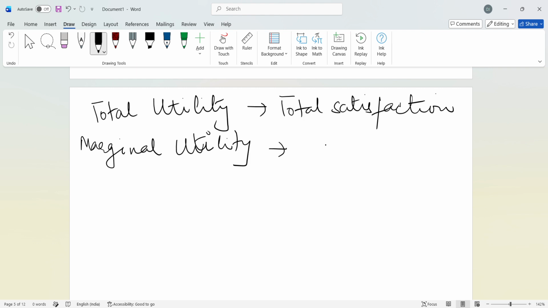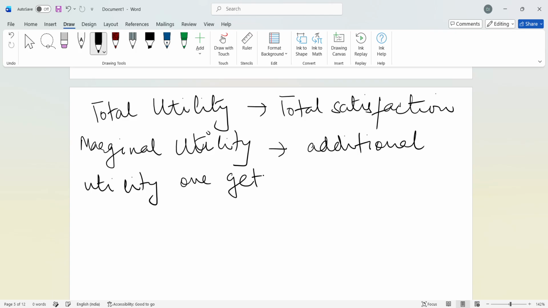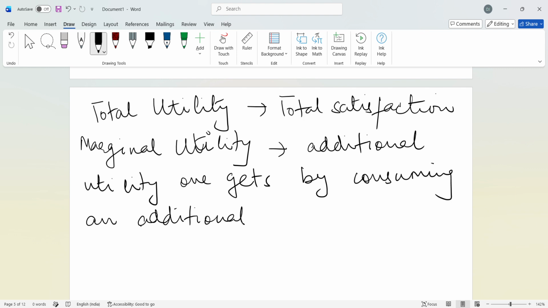Marginal utility is basically your additional utility: the additional utility one gets by consuming an additional unit of a good or a service.